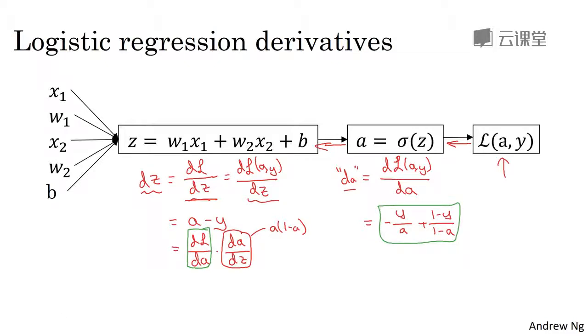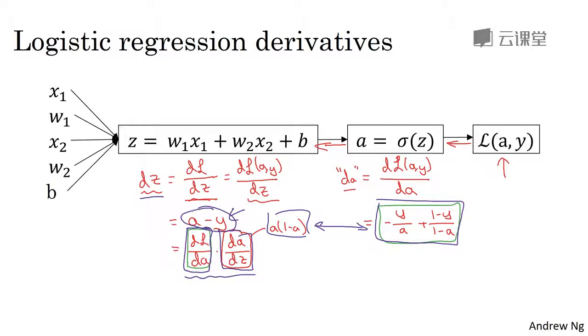So if you take these two quantities, dL/da, which is this term, together with da/dz, which is this term, and multiply them, you could show that the equation simplifies to a minus y. So that's how you derive it. And this is really the chain rule that I briefly alluded to before. Feel free to go through that calculation yourself if you are knowledgeable about calculus, but if you aren't, all you need to know is that you can compute dz as a minus y, and I've already done the calculus for you.